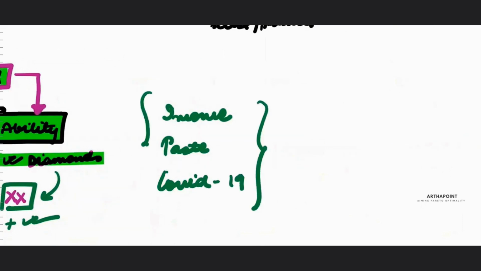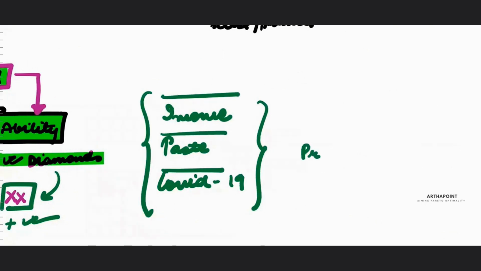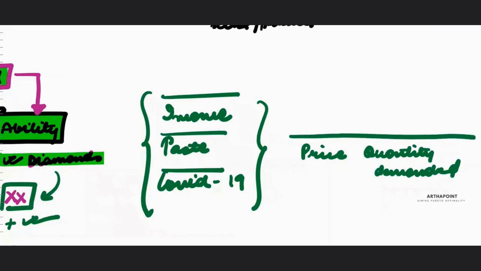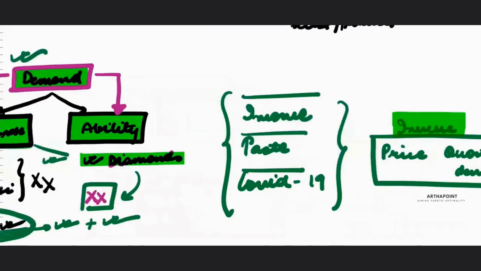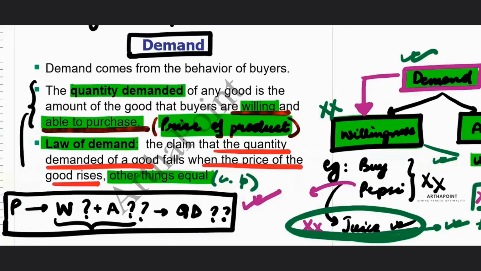So holding all other factors constant, price and quantity demanded have an inverse relationship. This inverse relationship between price and quantity demanded is known as the law of demand. But remember, it is ceteris paribus, holding all other factors constant.